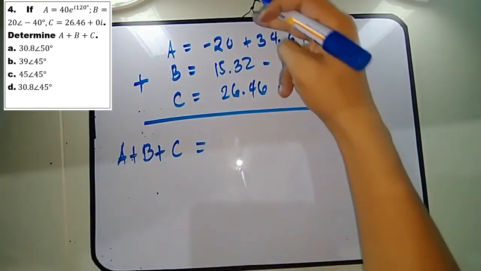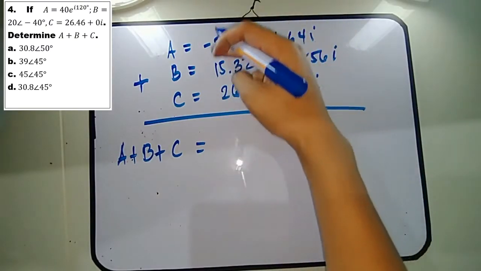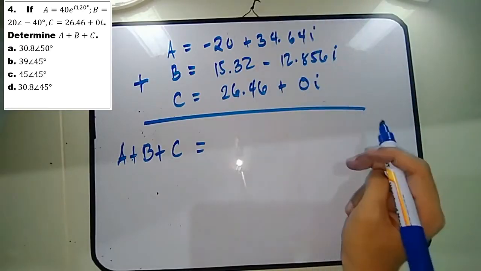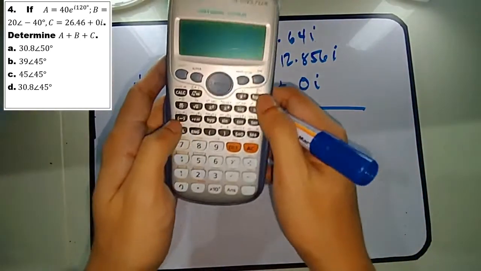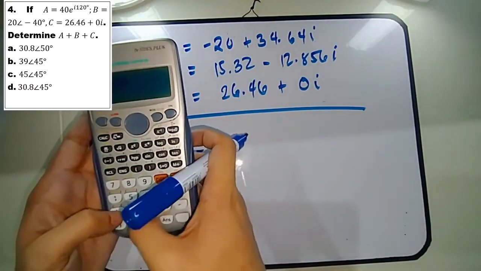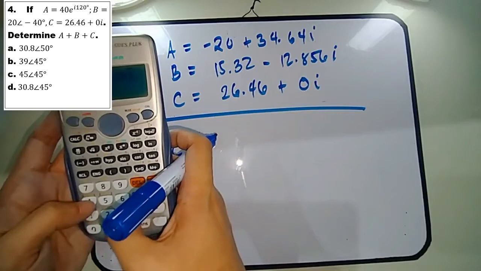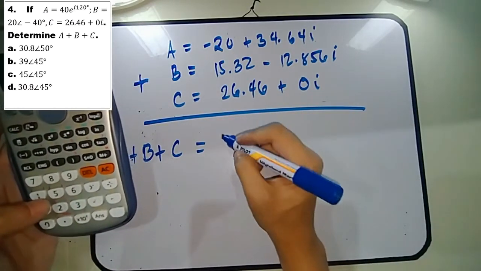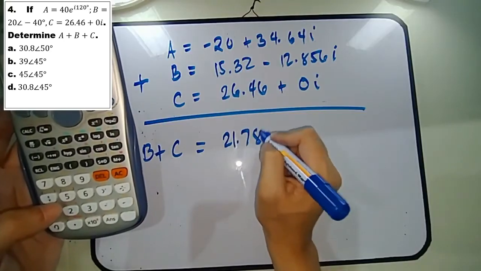So yung mga real number, real part, siya yung magko-combine din. Of course, magko-combine din yung lahat ng imaginary part. So this is negative 20 plus 15.32 plus 26.46. So this is 21.78.